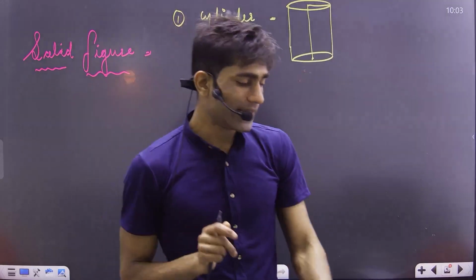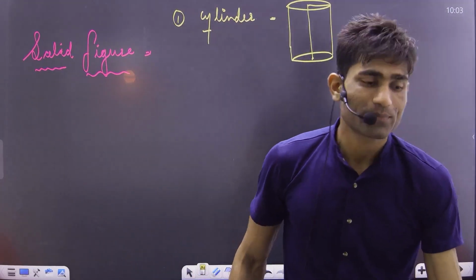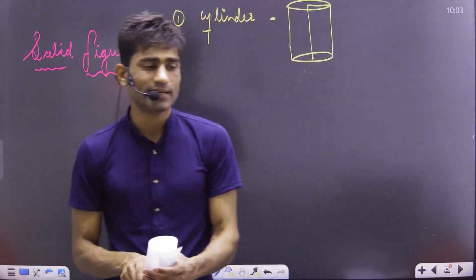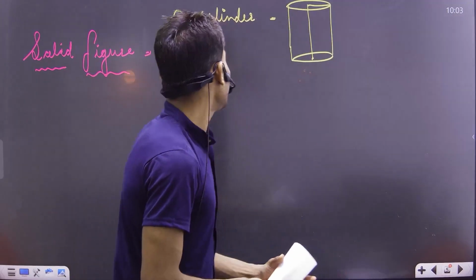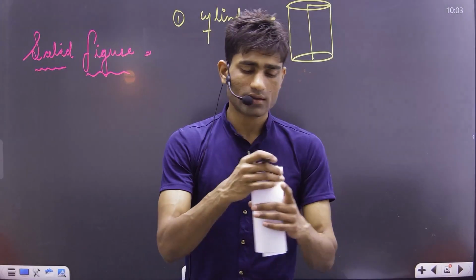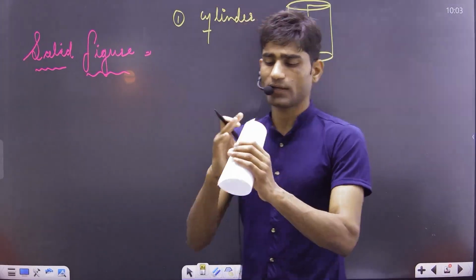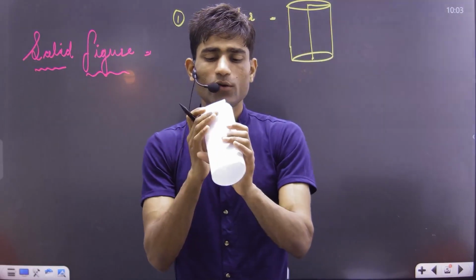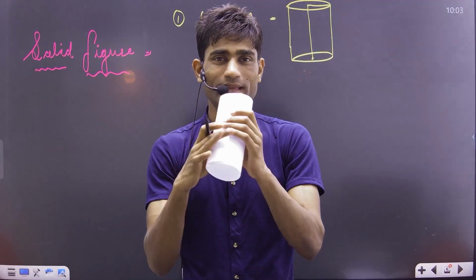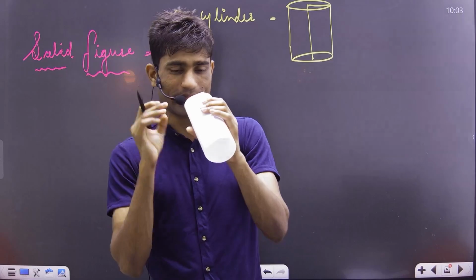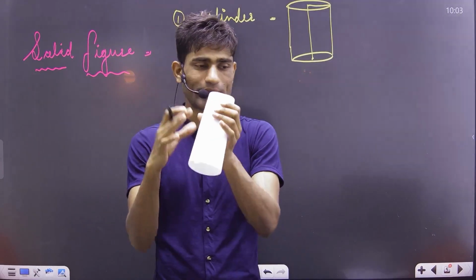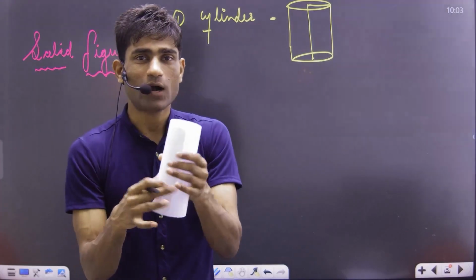Now let me explain with one shape what we consider as the cylinder. It is like a cylindrical shape. You have already seen a cylinder. As it is part of our daily life, I don't have to explain much. But you all need to see how the cylinder looks.